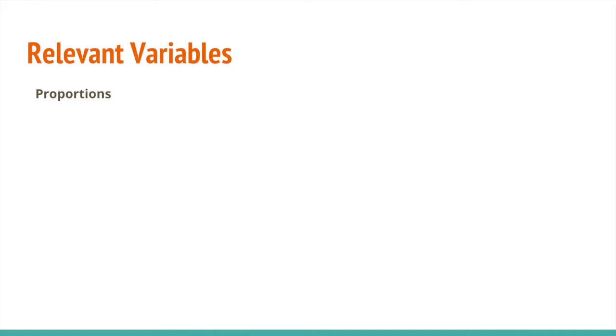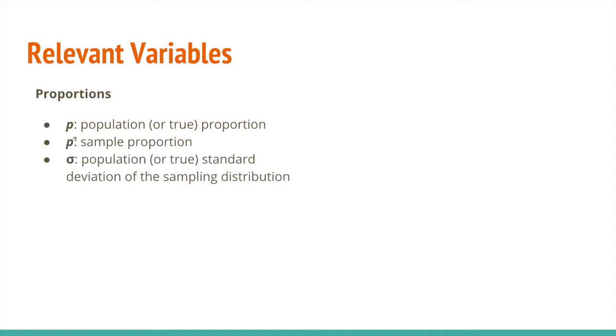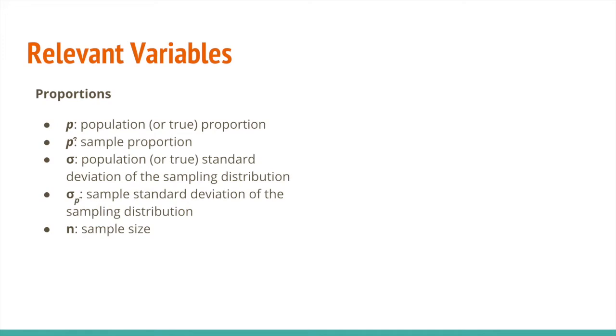Relevant variables for the sampling distributions of sample proportions include p, the population or true proportion, p hat, the sample proportion, sigma, the population or true standard deviation of the sampling distribution, sigma sub p hat, the sample standard deviation of the sampling distribution, and n, the sample size.